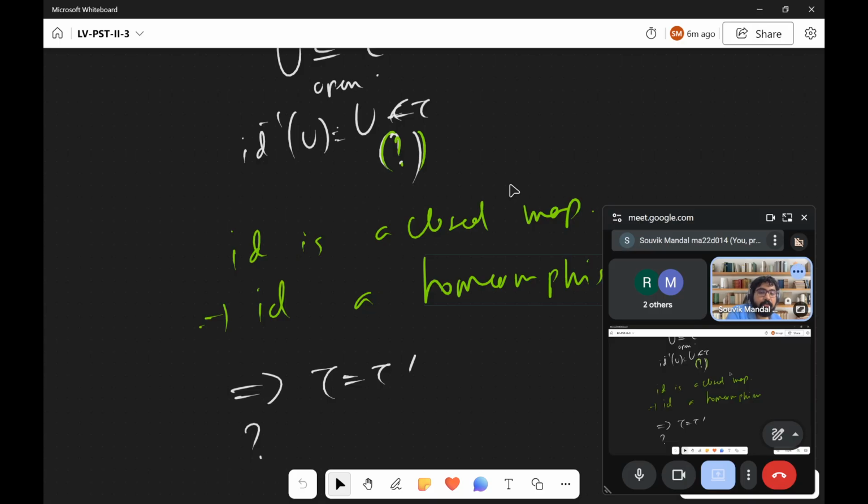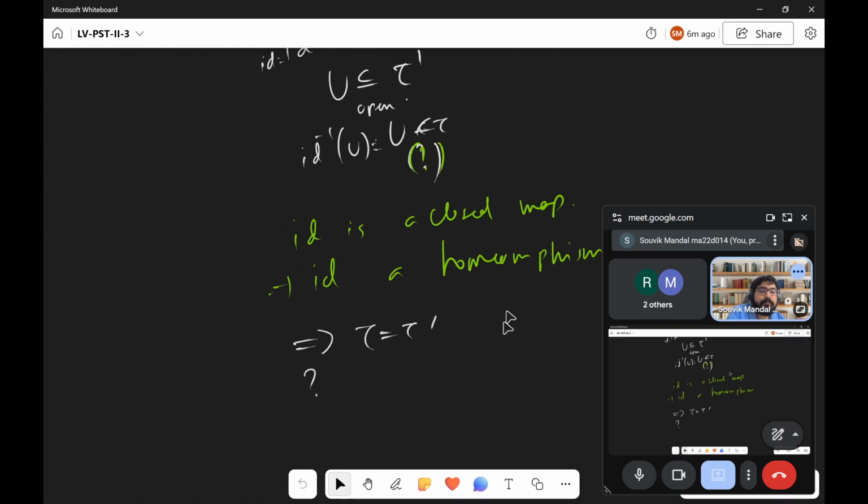There is no doubt about it. So it's a homeomorphism. You need to show that tau is equal to tau prime. How to do it? Please think and let me know.